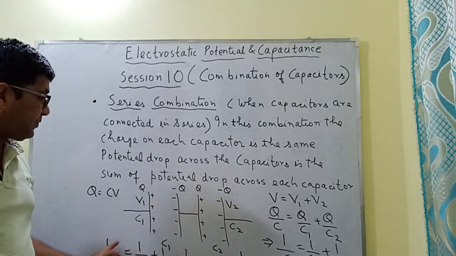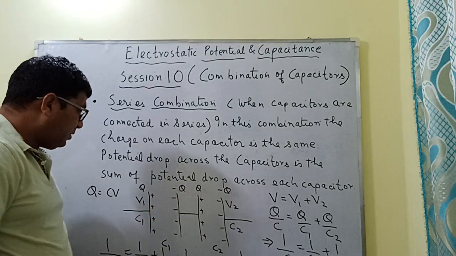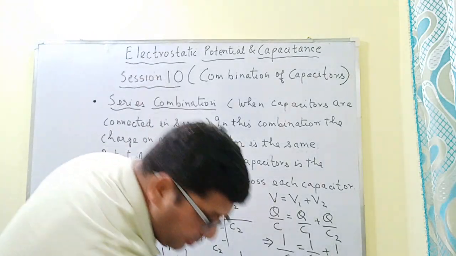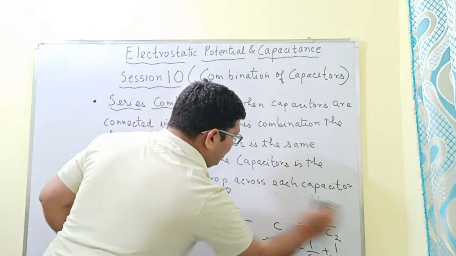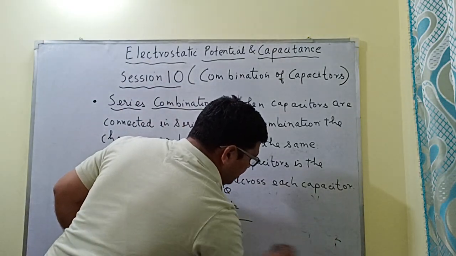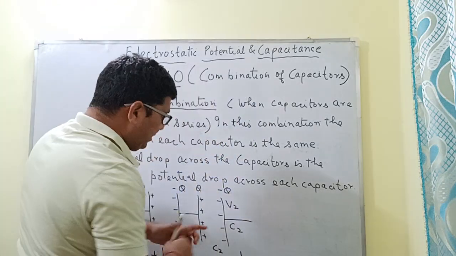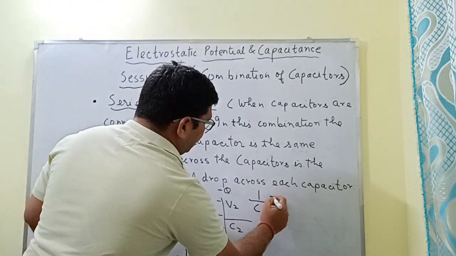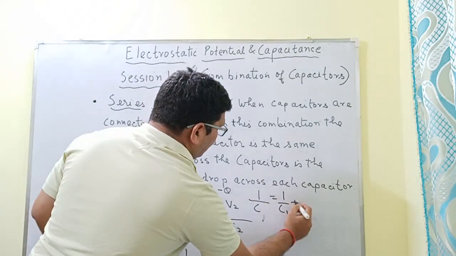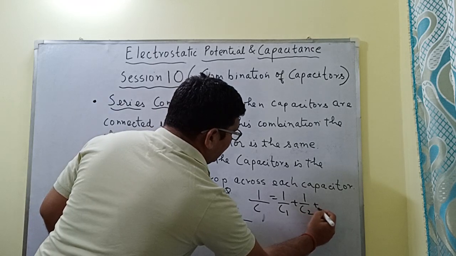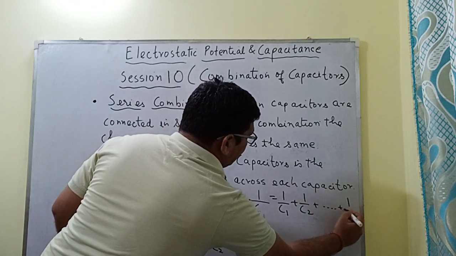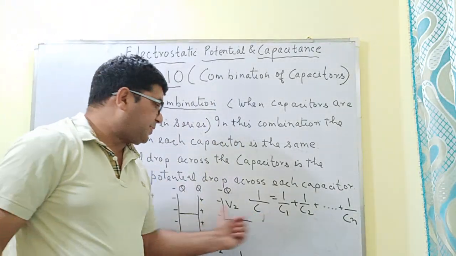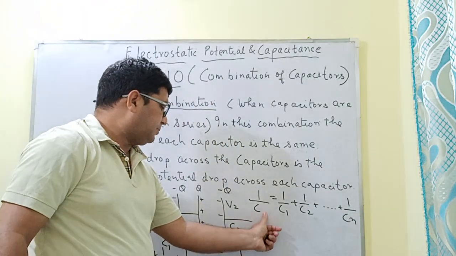So if there are n capacitors which are connected in series, then 1 by C is equal to 1 by C1 plus 1 by C2 and so on up to 1 by Cn, where n is the number of capacitors which are connected in series.